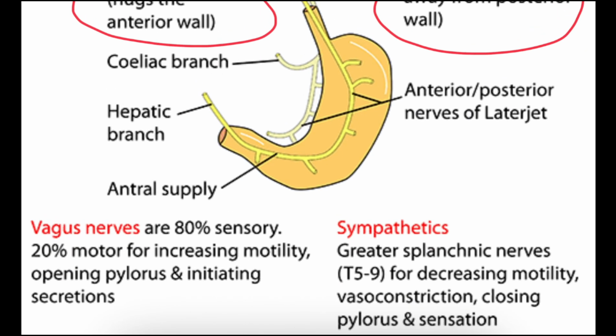In the sympathetic nervous system, T5 to T9 carry pain fibers, which are the main cause of pain. These are the greater splanchnic nerves, and these nerves cause vasoconstriction, closing of the pylorus, and sensation.